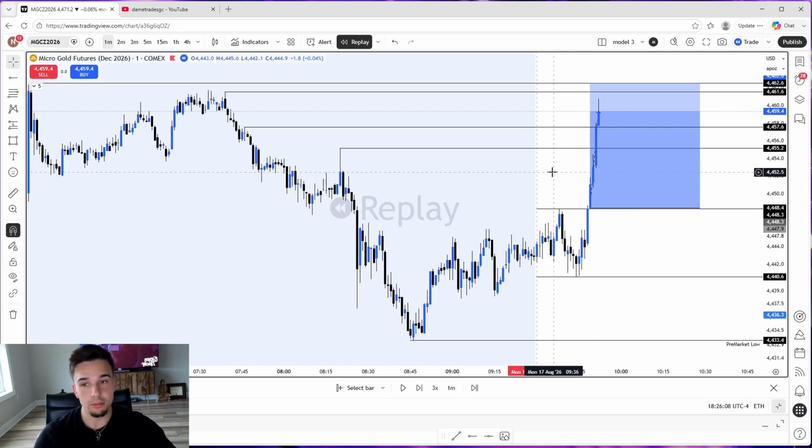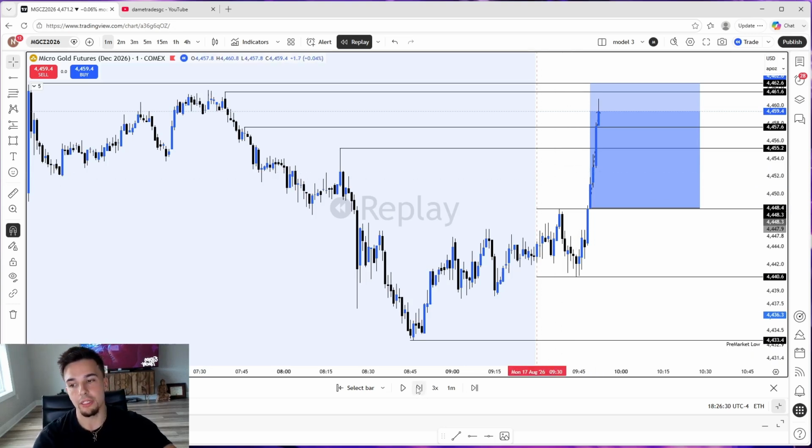Most of the time, you can take full exit at the first draw on liquidity once the opening range is broken out, because more times than not, on this type of strategy, it's only looking to sweep out 1 or 2 relative highs or lows prior to making any type of reversal or retracement.